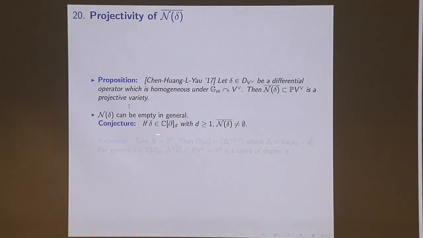However, based on just experimentation with a few known examples, it seems very likely that if you assume delta to have constant coefficients, meaning it doesn't live in the full Weyl algebra, but lives in the ring of constant polynomial differential operators of homogeneous degree d, then our expectation, again based on examples, is that this projective variety is non-empty.